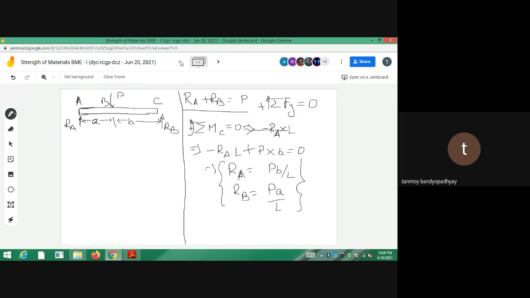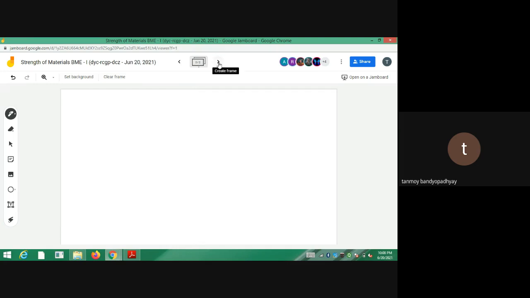So initially I am considering a cross section somewhere between the points A and B, somewhere around here. If I draw the free body diagram of that portion, I am working on the portion AB where x lies between 0 and a.